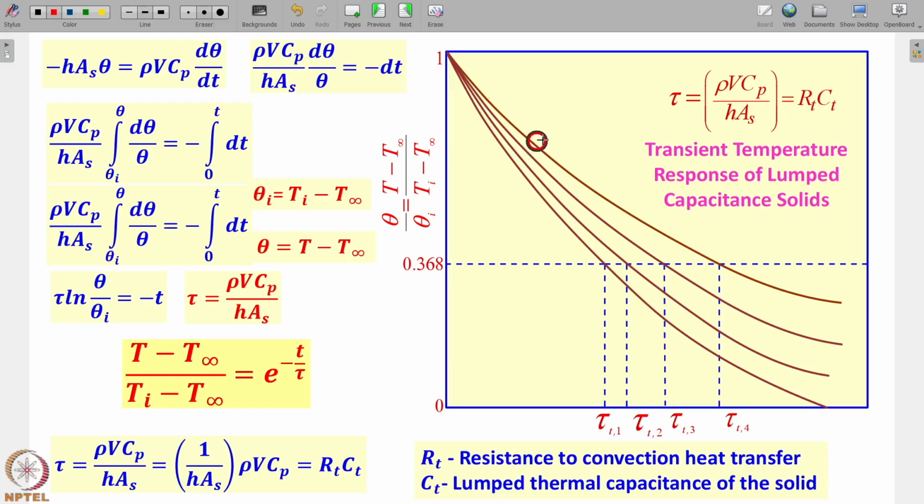Now let us take up the energy that is transferred within the time t. If you take the heat transfer rate, that is Q dot equal to h A s into T of t minus T infinity.